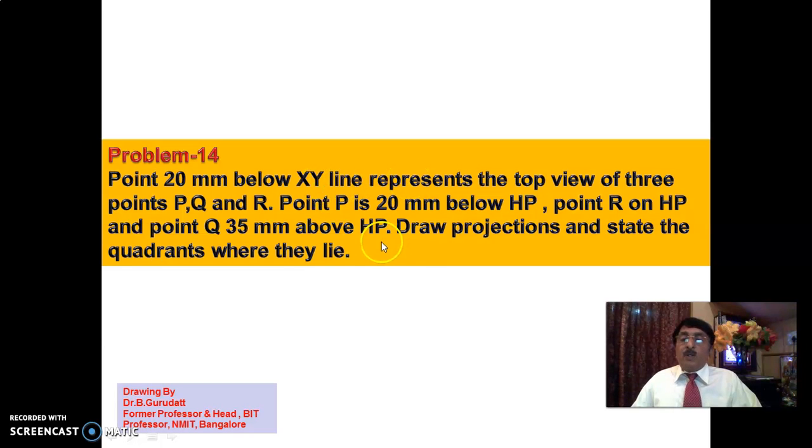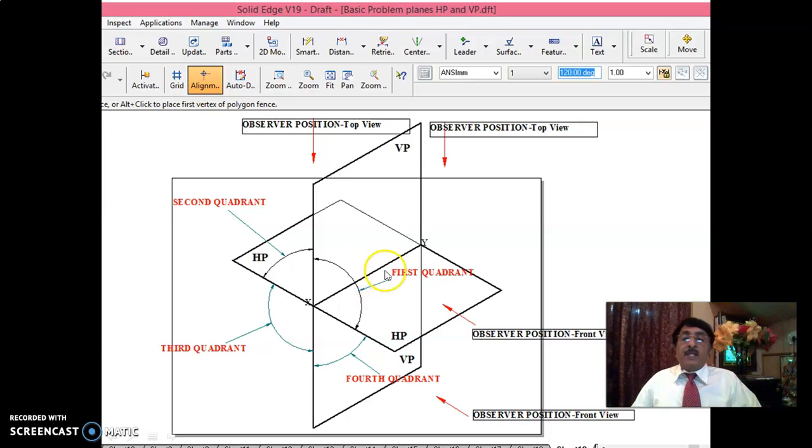When it is below XY line, you should know it very well, it relates to the first and fourth quadrant. The top view of the 3 points is below XY line. That means below XY line you have the first quadrant as well as the fourth quadrant. Below XY line only you have this HP.